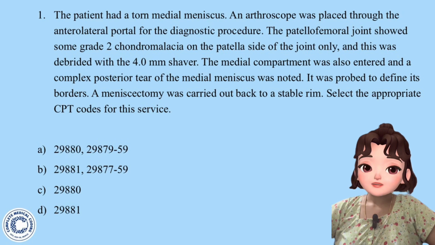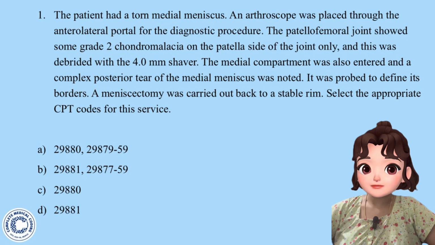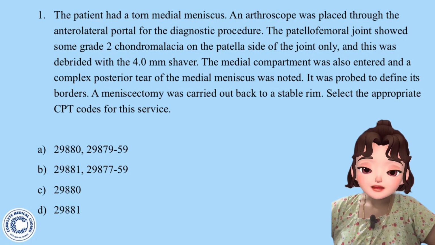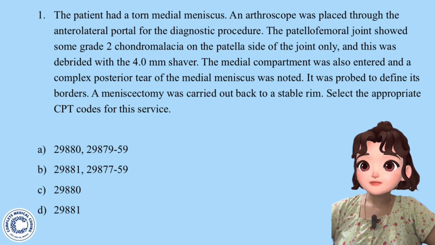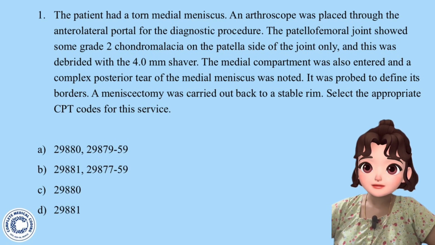So you need to check in our question whether both sides, medial and lateral, are done, or medial or lateral is performed. Either one is performed. It is only medial performed in our question, right? In the third last sentence you can see the medial compartment was also entered and a complex posterior tear of the medial meniscus was noted.